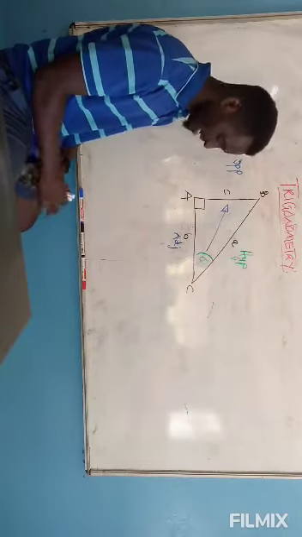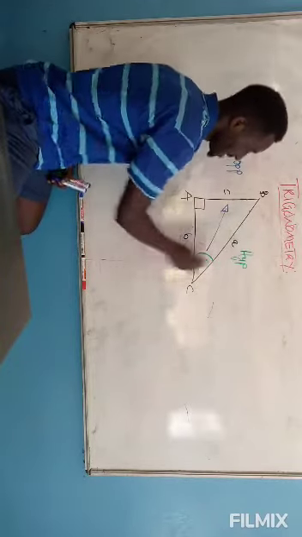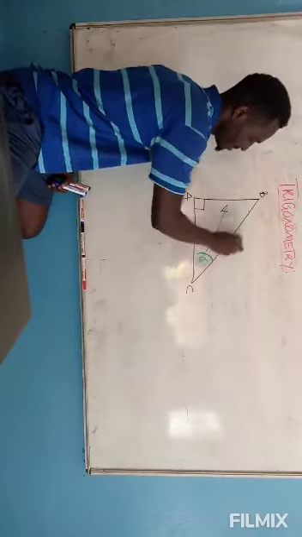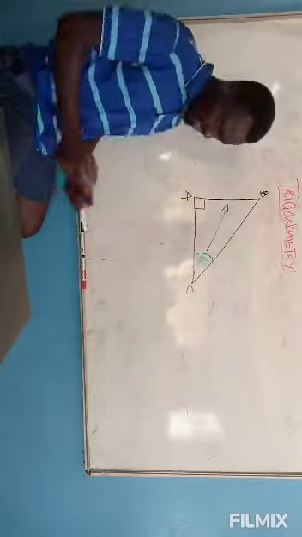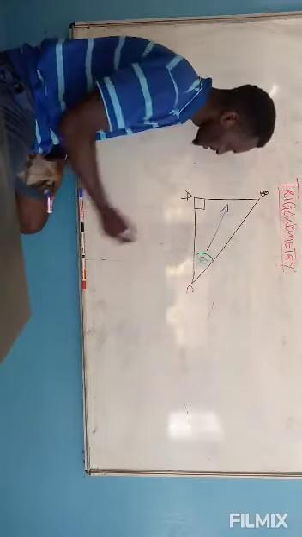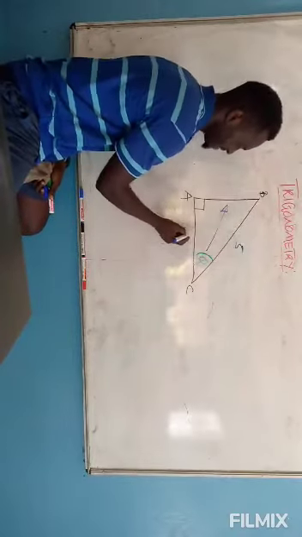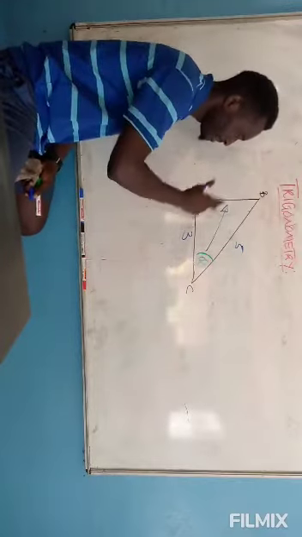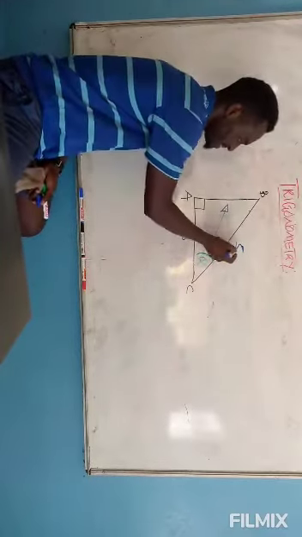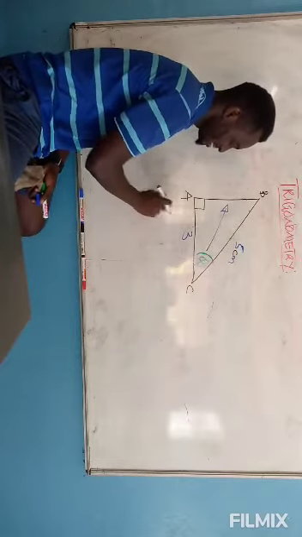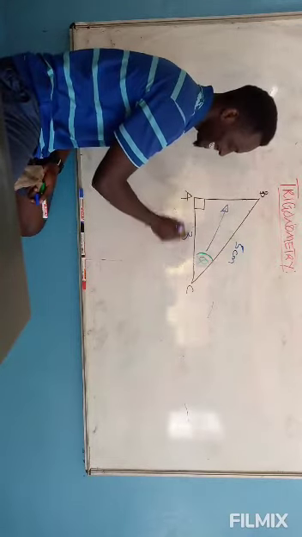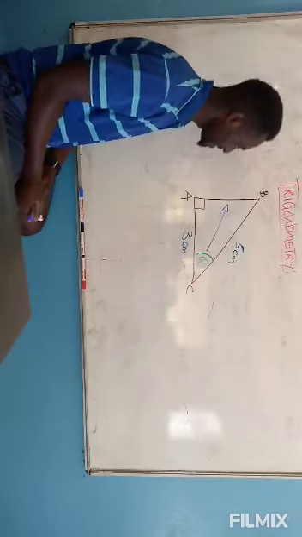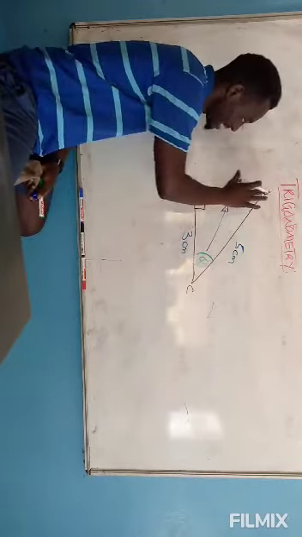Okay, allow me now to progress. That was just to remind ourselves. Now assuming that we have been given the hypotenuse side as 5 centimeters and side AC as 3 centimeters, the question is find side AB.